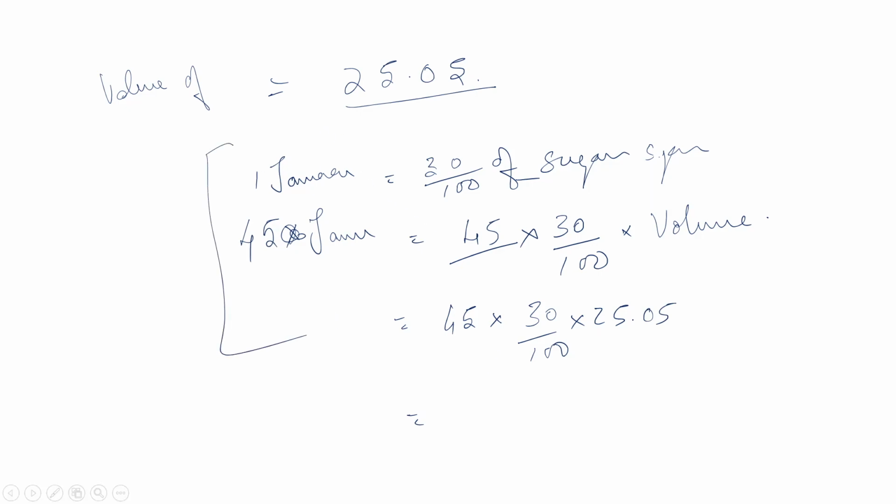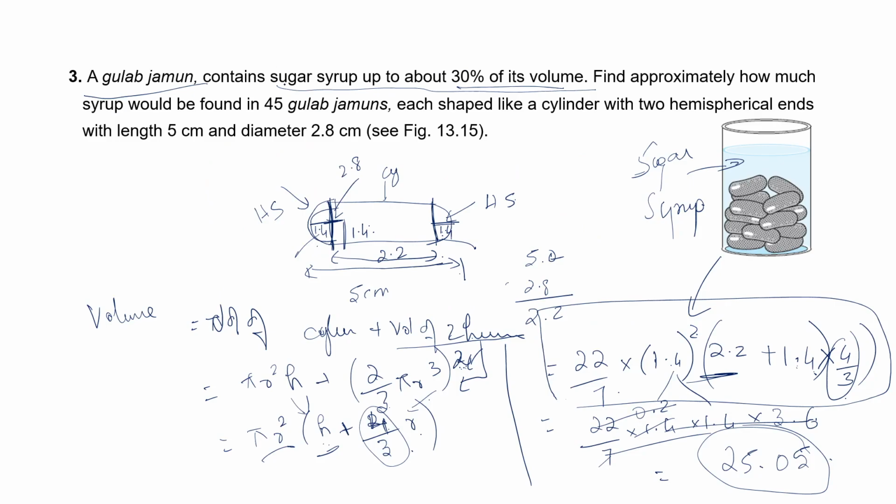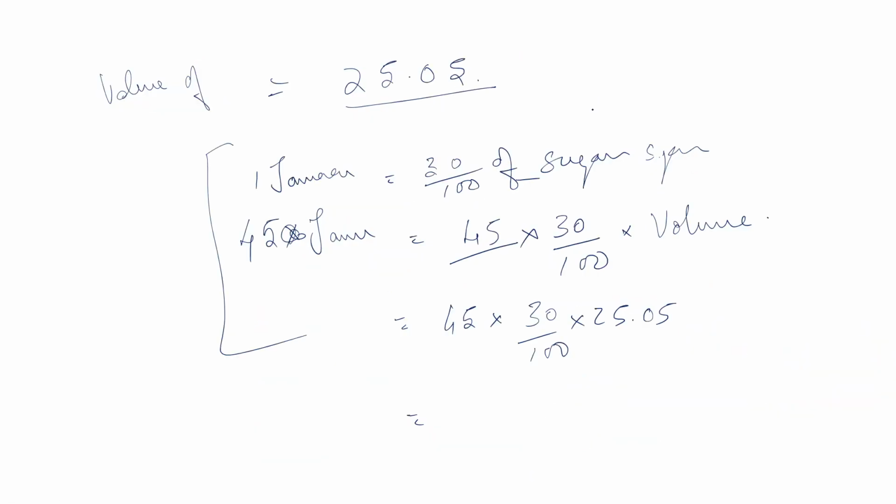See, it is clearly given: one jamun contains sugar syrup up to 30% of its volume. So of the volume of one jamun, that 30% will be the syrup. This is for 1, we want to find for 45, so we have to multiply by 45.